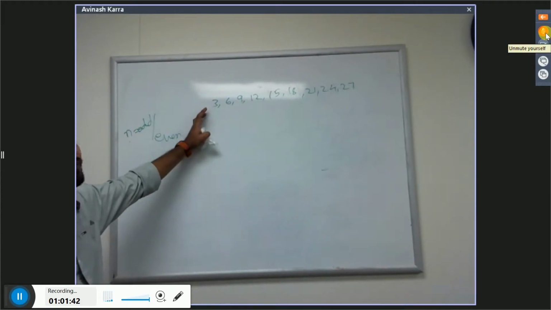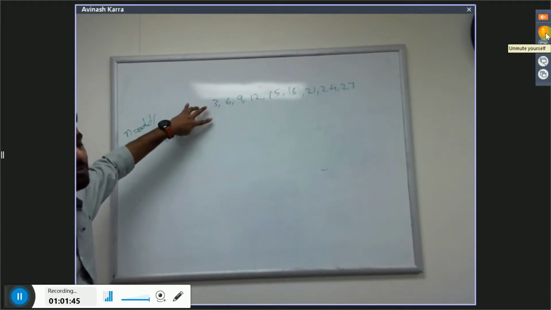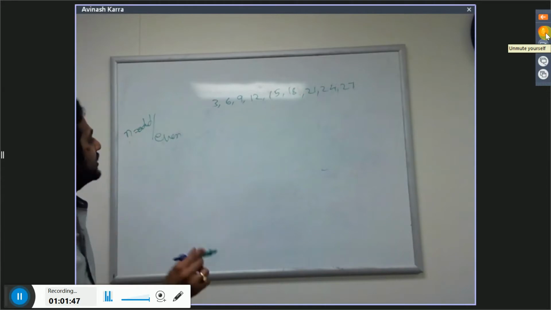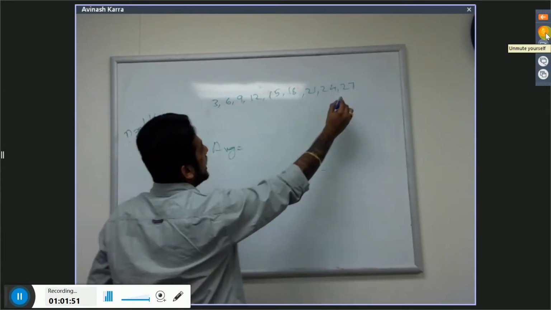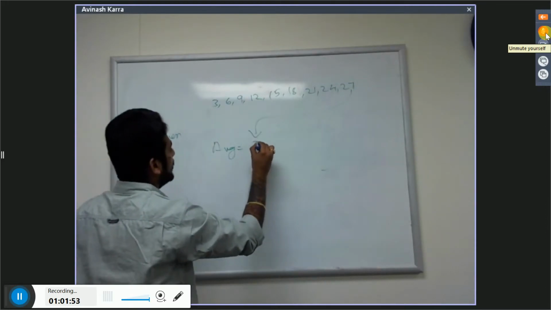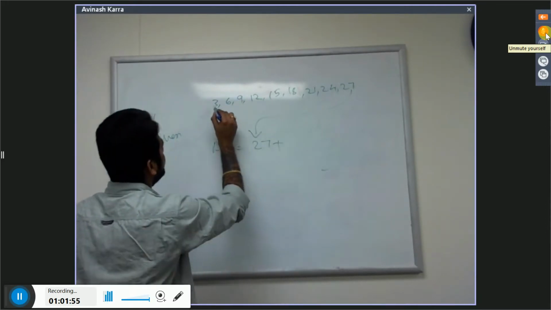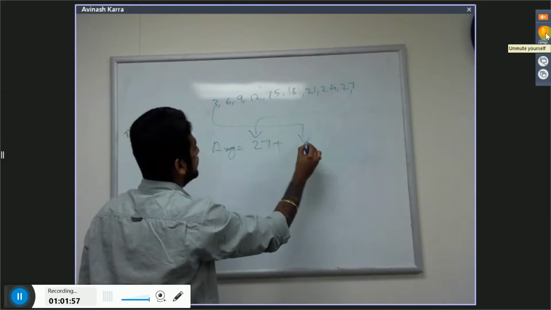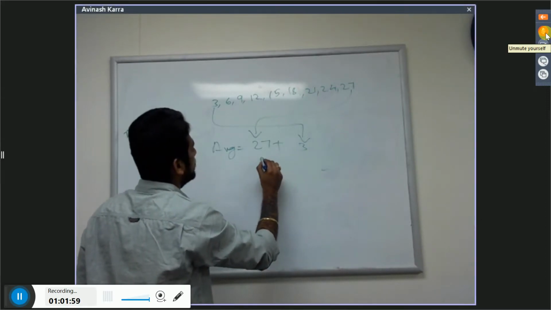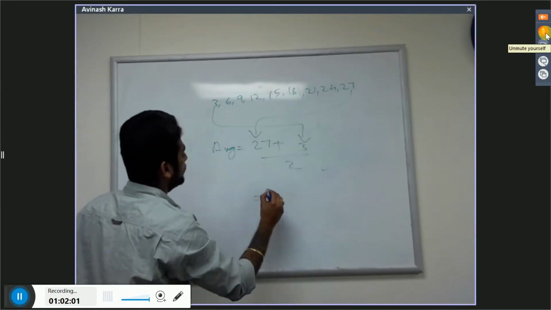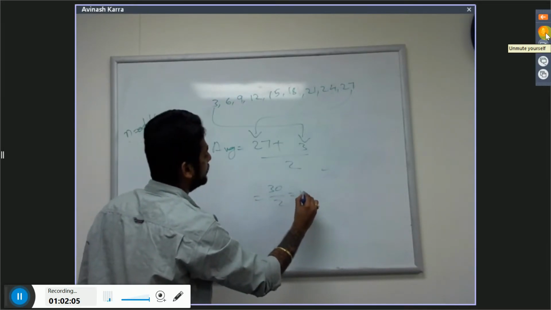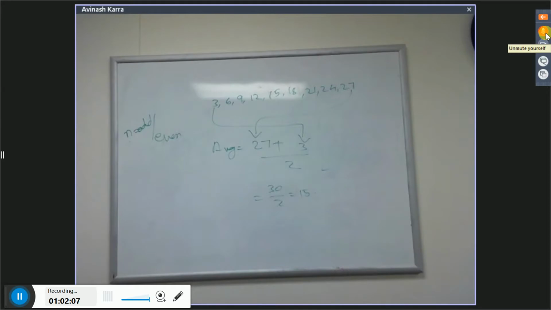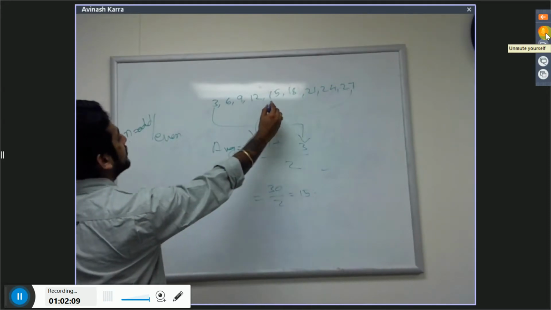If they ask to find the value in these kinds of sequences, simply do one thing. Average is equal to the last term, 27, plus the first term, 3, by 2. 27 plus 3 is 30, by 2 is 15. So 15 is the average.